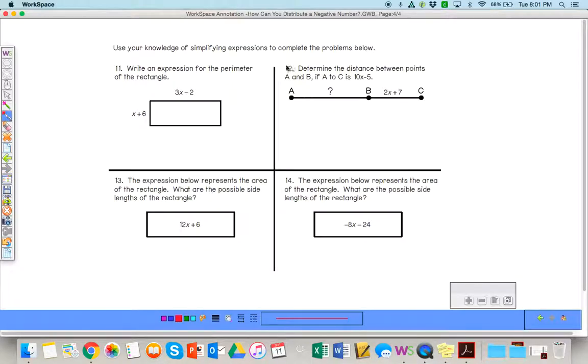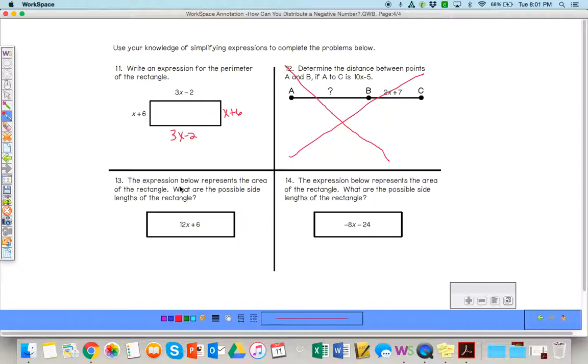All right, so we are going to not do number 12. I do not like that problem. What we are going to do on this one, okay, it says write an expression for the perimeter of the rectangle. So the perimeter is all of the sides added together. So we could make this x plus 6 and this 3x minus 2.